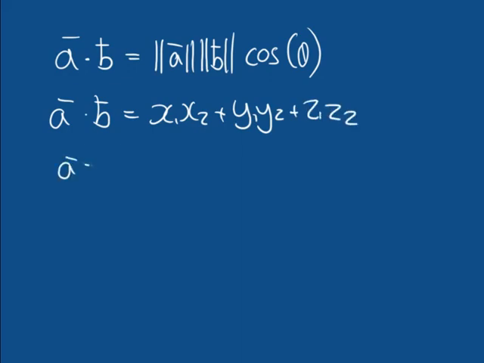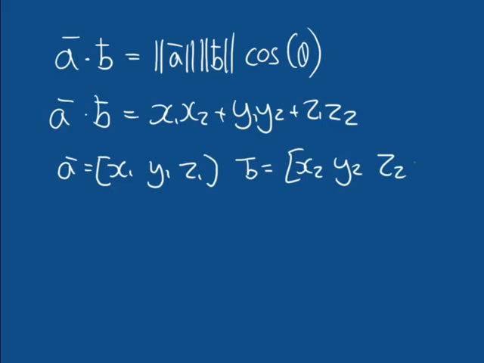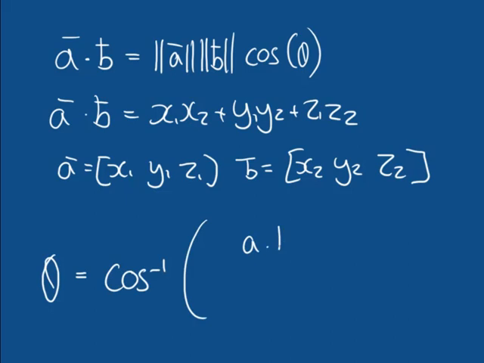Of course, that's if A is equal to x1, y1, z1, and B is equal to x2, y2, and z2. We know this is also called the scalar product because it gives us a single scalar value as a result. We've seen how we can rearrange our first definition in order to find the angle between the two vectors, so that theta is equal to the inverse cosine of A dot B divided by the magnitude of A times the magnitude of B.